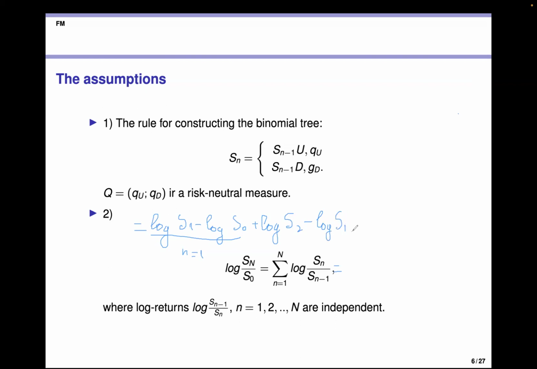And we can continue this, yes? And at the end, for n equals n capital, it will be log S n capital minus log S n capital minus 1. And what we can do in this case, you see that this log S1 appears with minus and with plus.